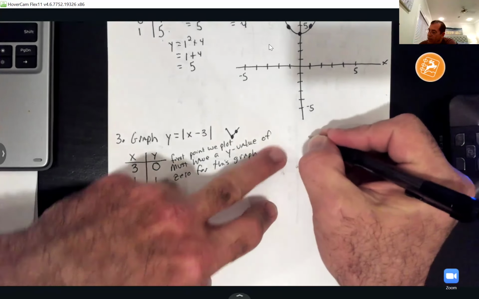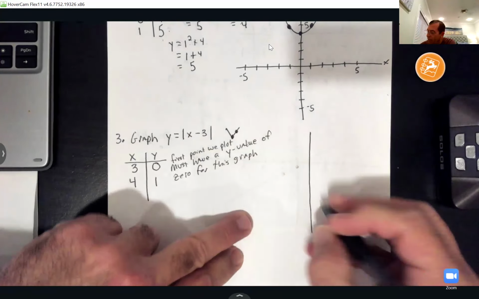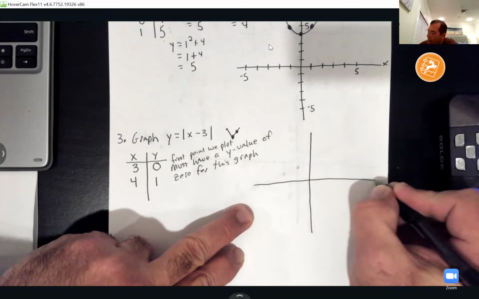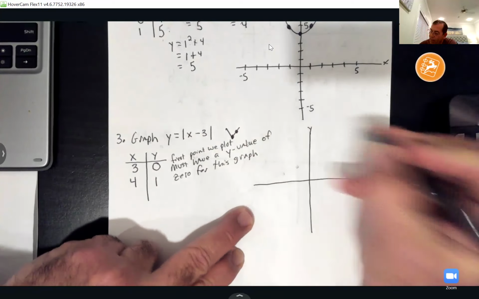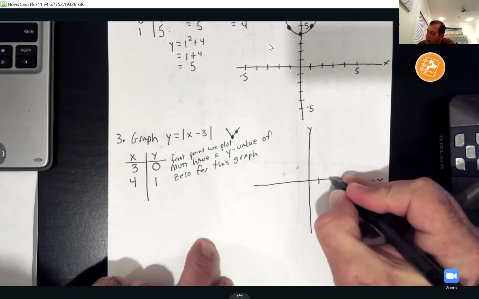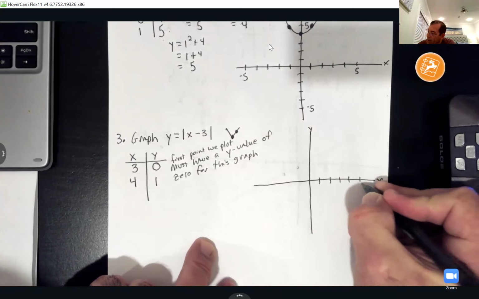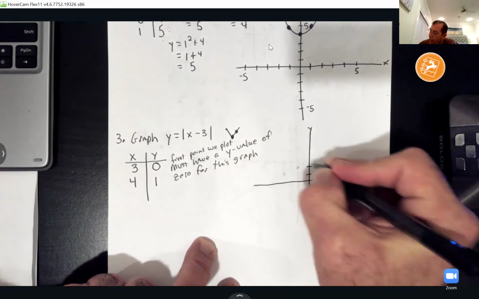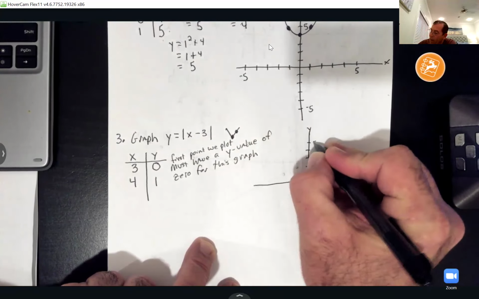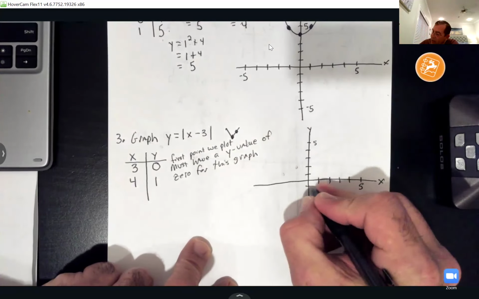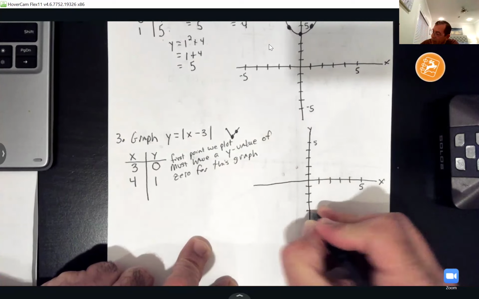All righty, so for this graph, I'm going to go out about 5 again. And I'll graph this one on the calculator because some of y'all might have forgotten how to get the absolute value on it.